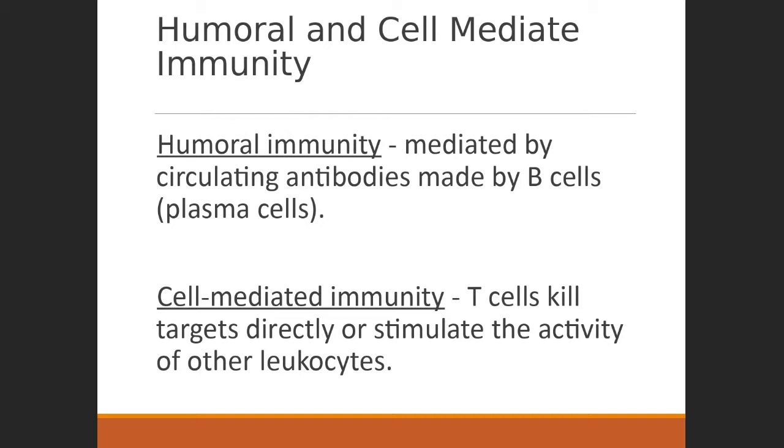The cell-mediated are much more of a hand-to-hand combat. They recognize, they bind to the foreign invader, and very often they will be cytotoxic. They will secrete chemicals that will destroy that foreign invader. So up close and personal versus producing antibodies and throwing them into general circulation.